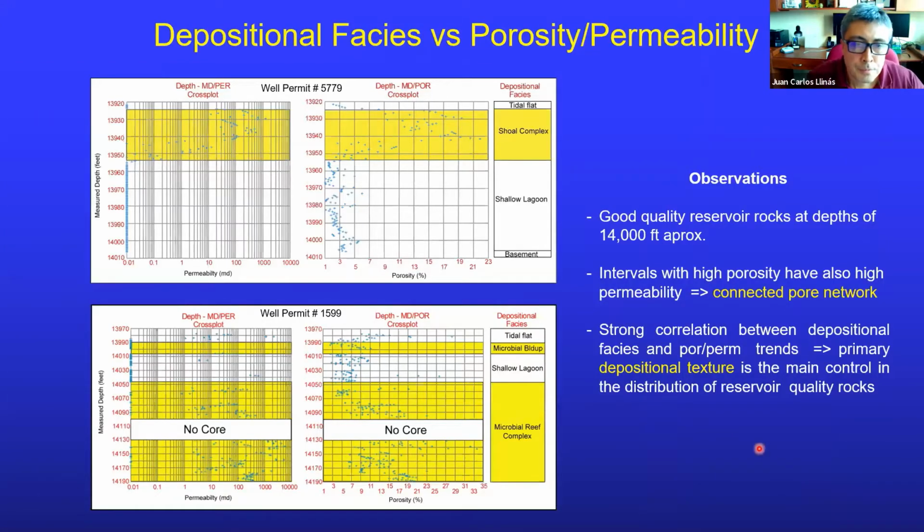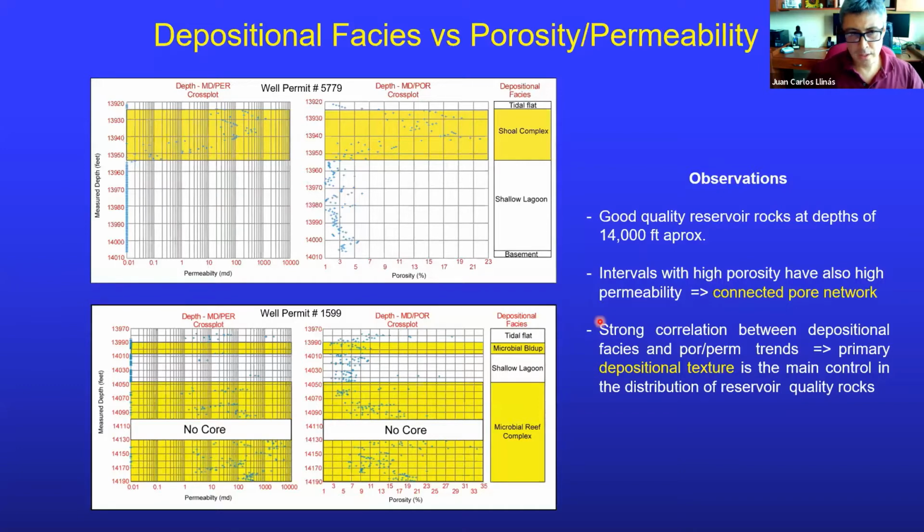Now, despite this long and complex history of diagenetic processes, we are seeing that the reservoir quality rocks are controlled more by the initial depositional fabric than by the effect of diagenesis.